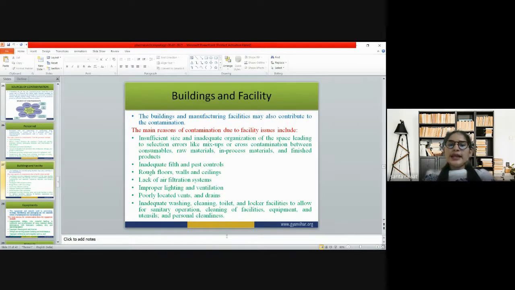Now, building and facility. The building and manufacturing facilities may also contribute to contamination.